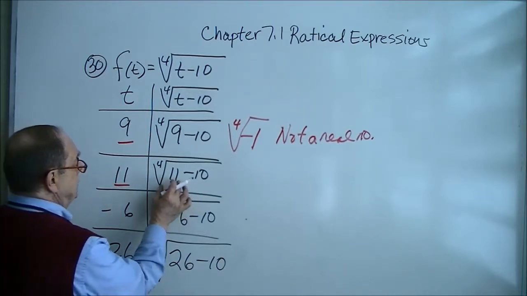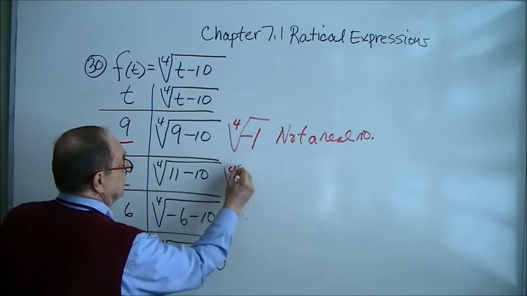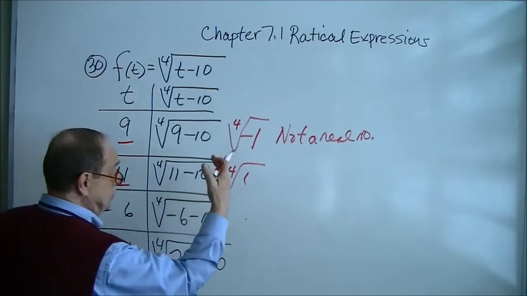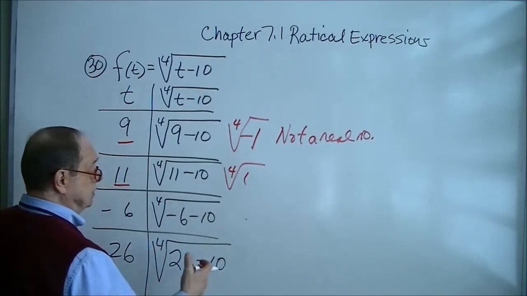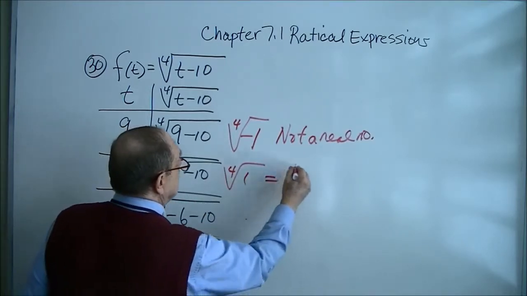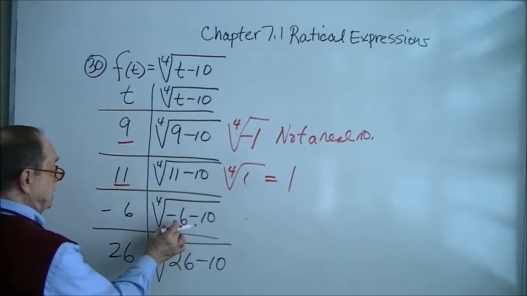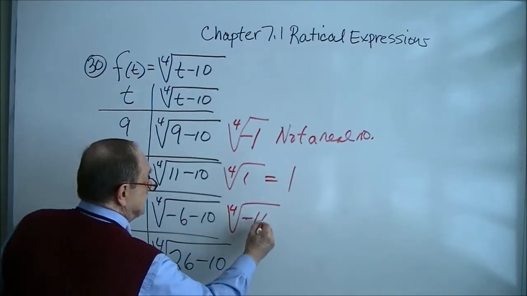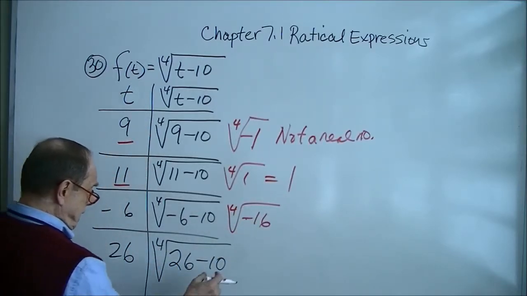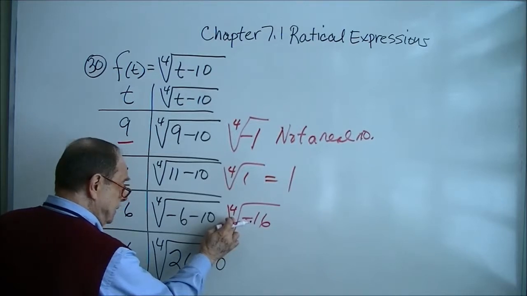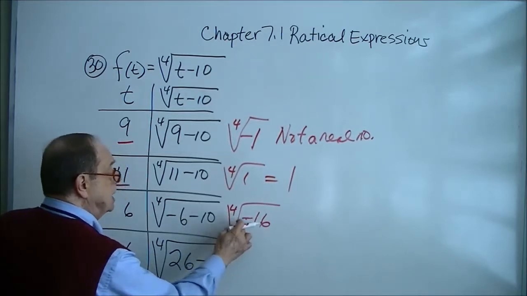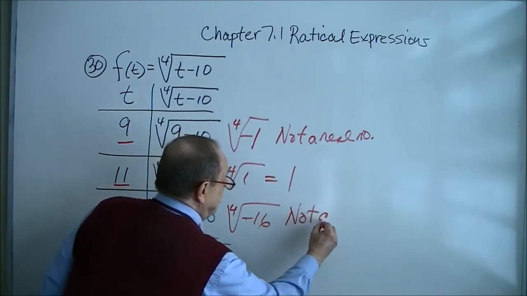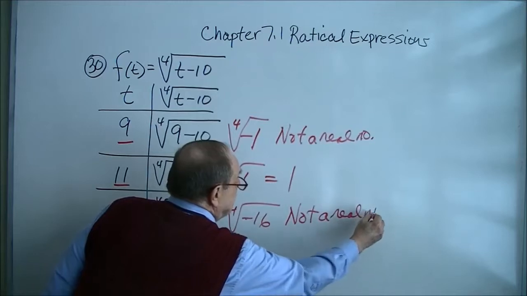And then here we have the fourth root of 1, and 1's a tremendous number because 1 is a perfect fourth, a perfect third, a perfect fifth. And then here we have a negative 16. And again, it's an even index number, so you can't have a negative under the radical sign. So it's not a real number.